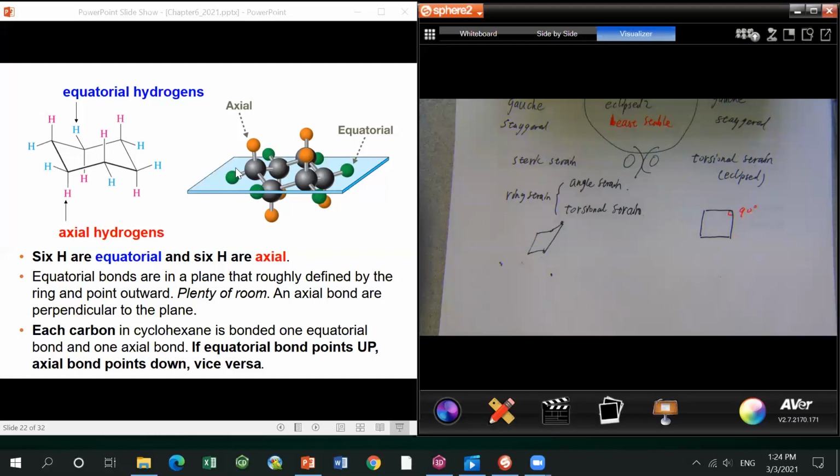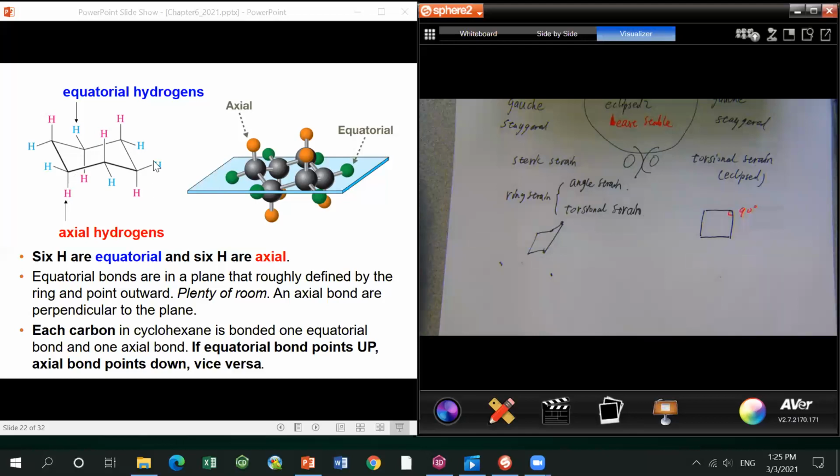Yeah. So for both equatorial and axial, they have three going up, three going down. The red are axial, and you can see three red going up, three red going down. And for the equatorial bonds, also three going up, three going down.